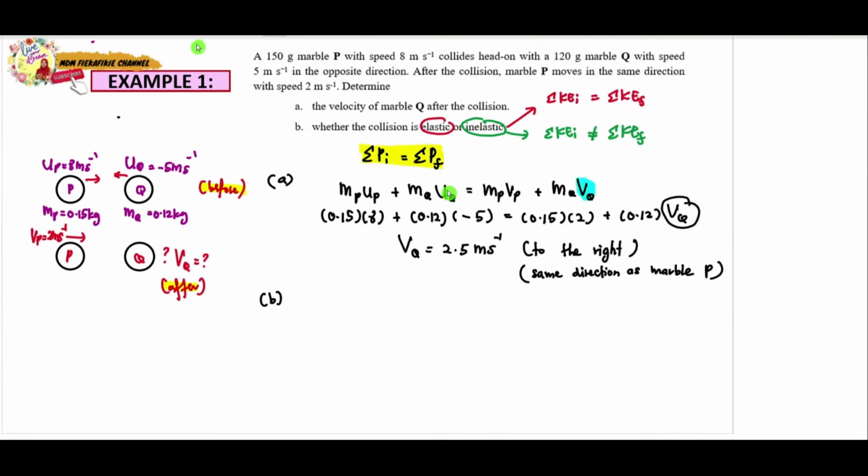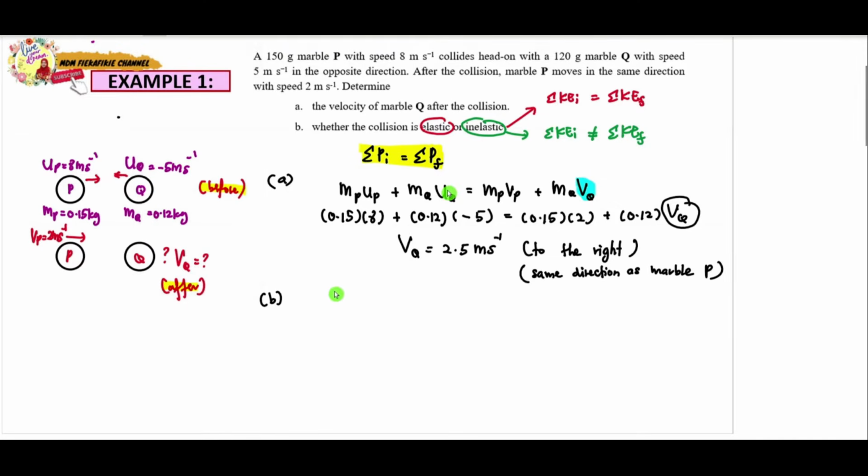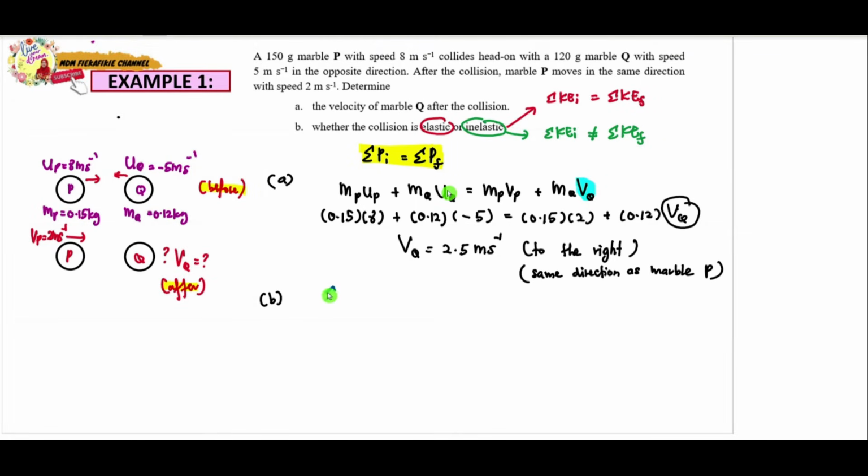What is the total kinetic energy initial? I want to use another color. Total kinetic energy initial is equal to kinetic energy initial for marble P plus kinetic energy initial for marble Q. The equation for kinetic energy is half mv squared.